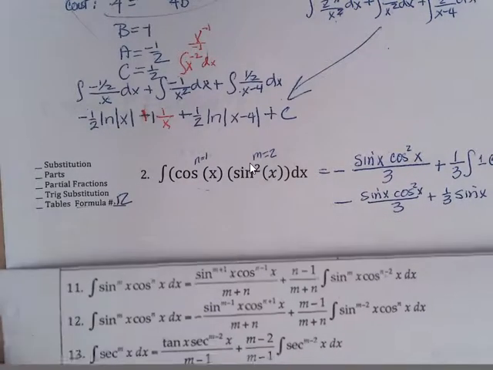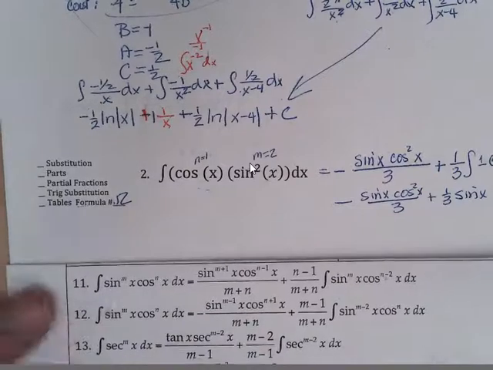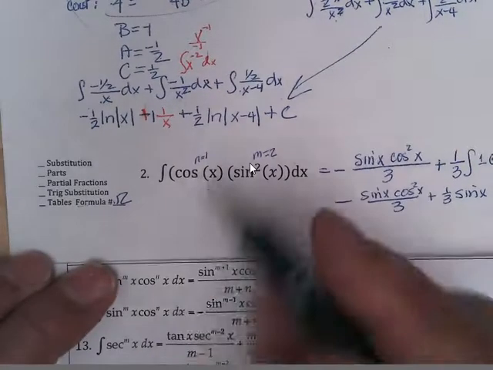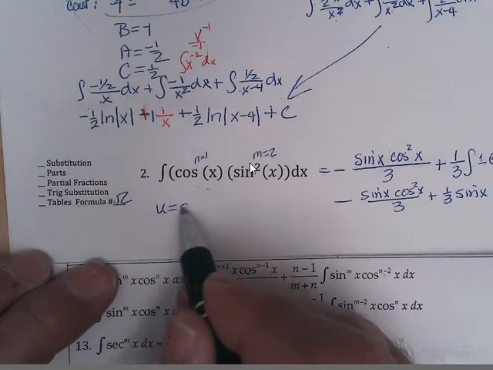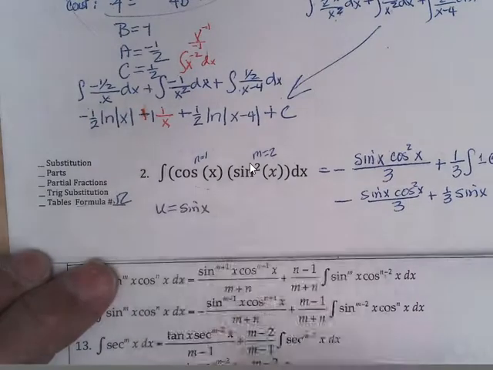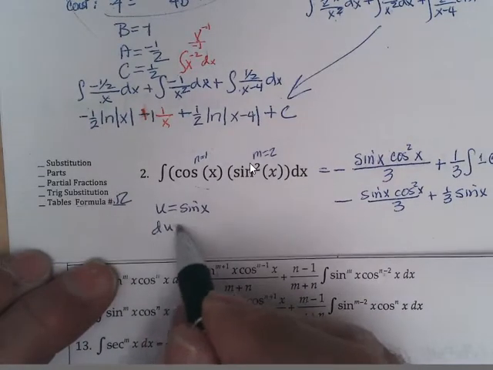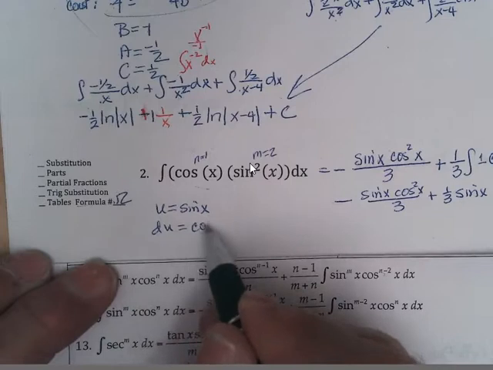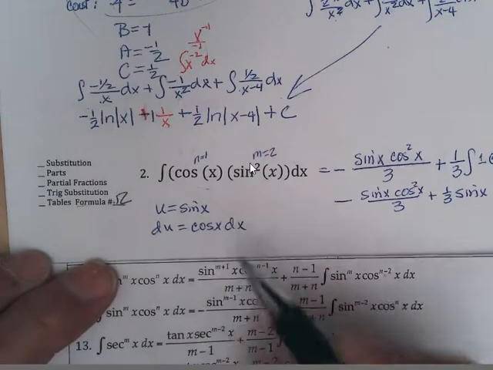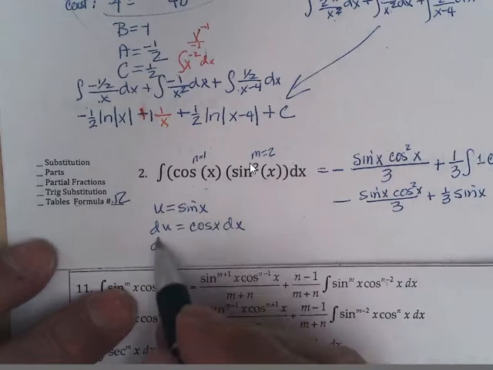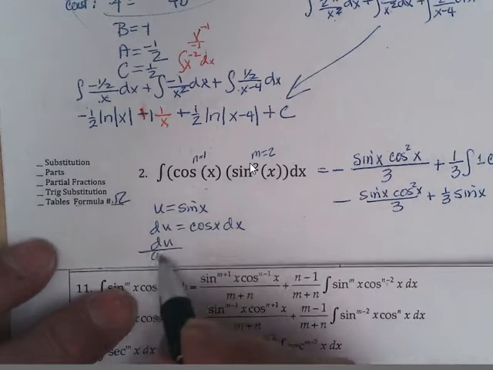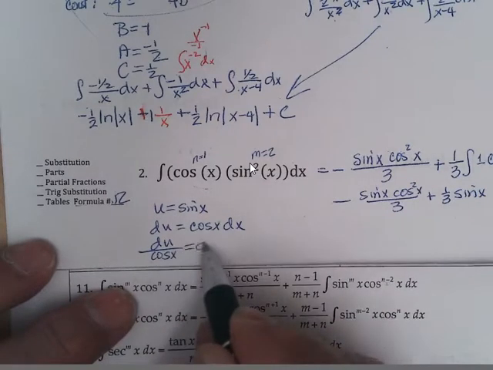Now, if we were to do substitution, we would let u be sine of x. So du would be, the derivative of sine is cosine x dx. Divide both sides by cosine, we'd get du over cosine x equals dx.